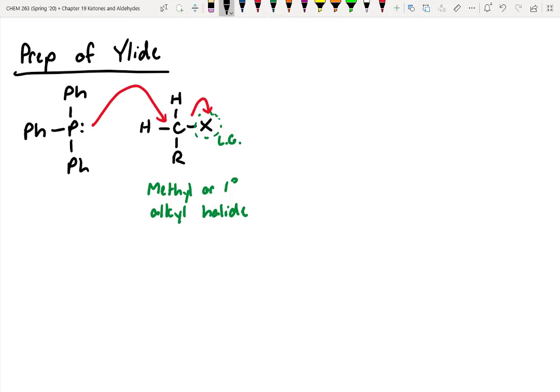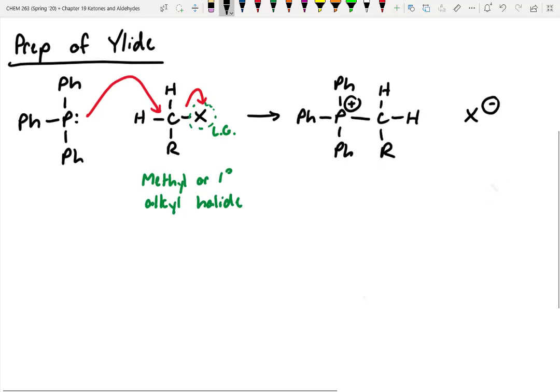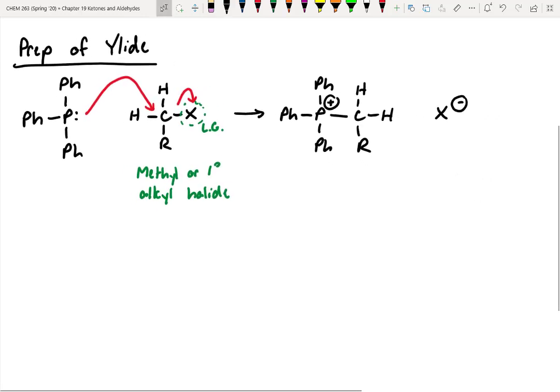All right, so we'll do the SN2 reaction. And when we do that, we're going to get a new intermediate. That looks a lot like this, and our leaving group's going to pop off, and our phosphorus will have a positive charge.